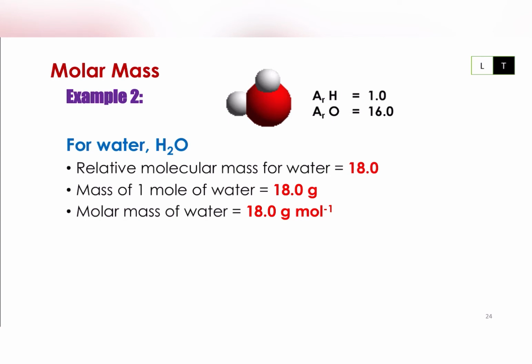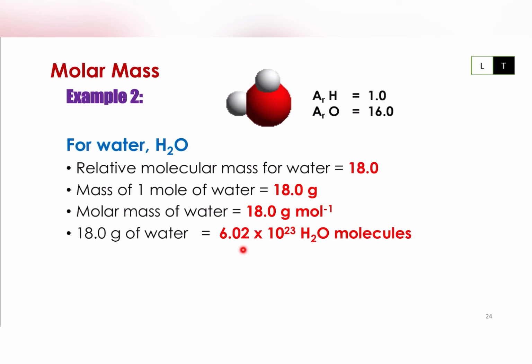Now, in 18.0 gram of water, I can say that there are 6.02 × 10^23 water molecules. But if I want to calculate the number of atoms, I will calculate based on 3 total atoms here, 2 hydrogen and 1 oxygen. So I will multiply 3 times Avogadro's number for the number of atoms.